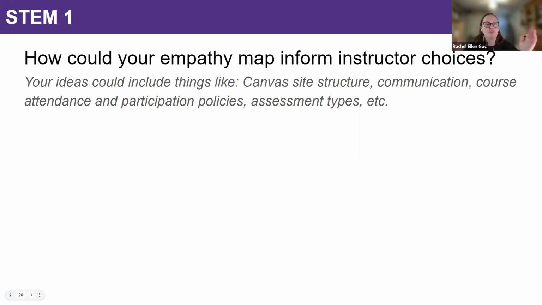This could be everything from literally how you build a Canvas page, how often or how you communicate, your course attendance policy, your participation policy, assessment types, etc. Think all across the board, from the software to the real life, to the classroom, to the homework. All parts of your course are open for conversation here. So try and come up with some ideas on that.